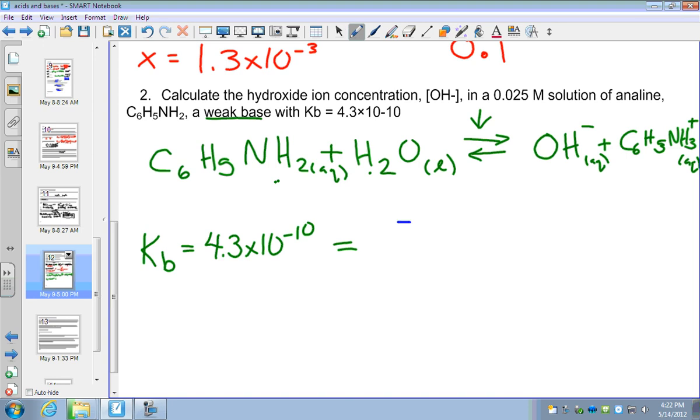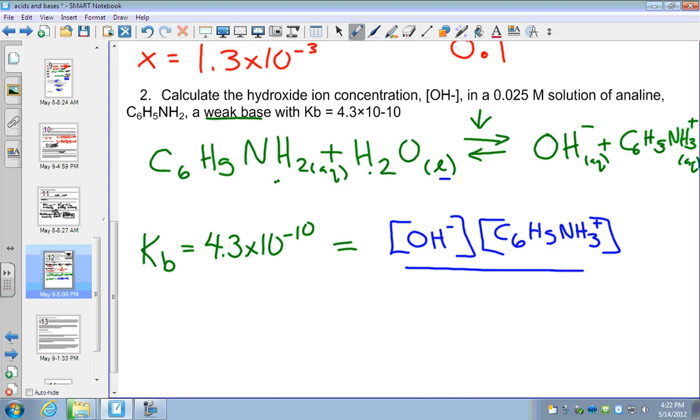This is going to equal the OH ions times the concentration of the C6H5NH3 ions. We're not going to include water because it's liquid, but we are going to include C6H5NH2. No squares because this was balanced as it was. We had the same amount on each side.